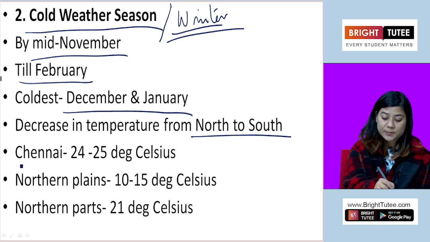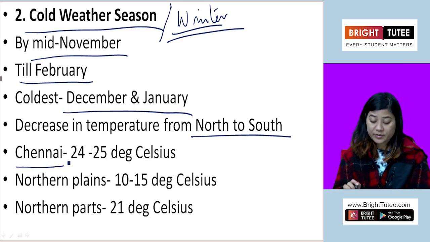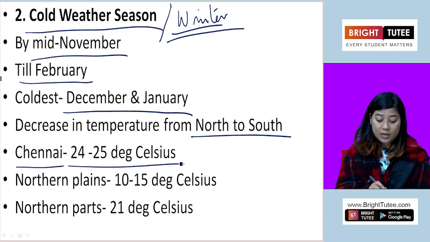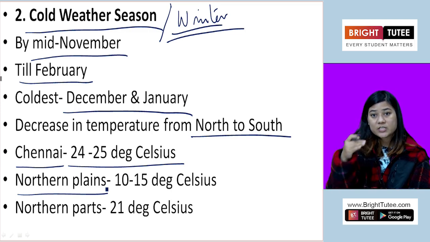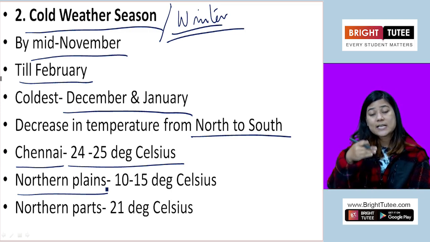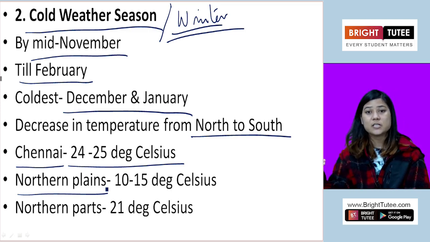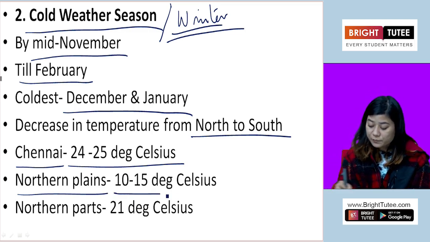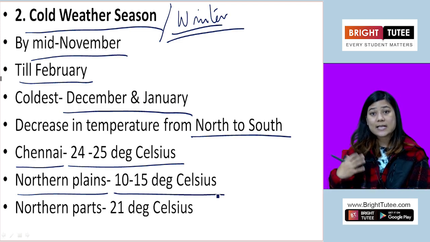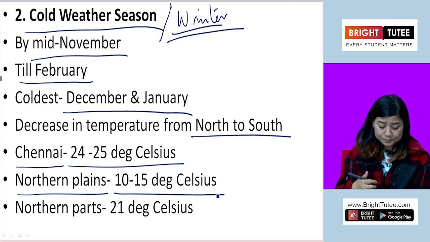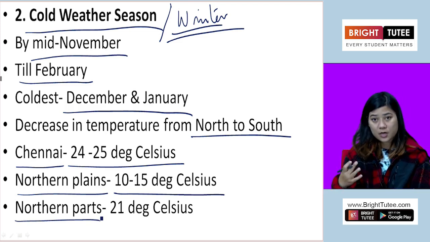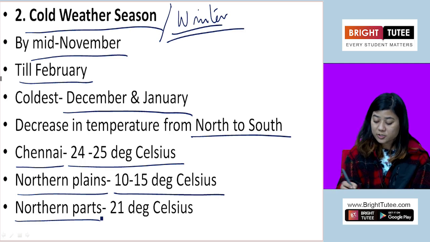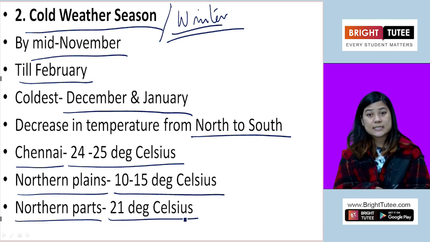So Chennai experiences an average temperature of 24 to 25 degrees Celsius. The northern plains, which lie at the foothills of the Himalayas, experience 10 to 15 degrees Celsius as their average temperature. And the northern parts of the country experience an average temperature of 21 degrees Celsius.